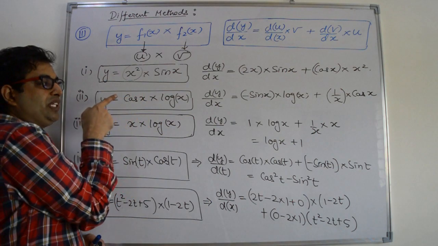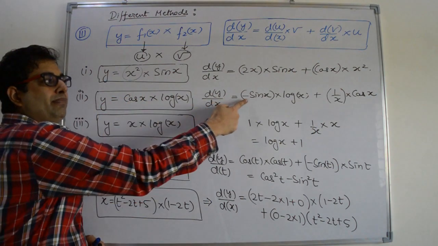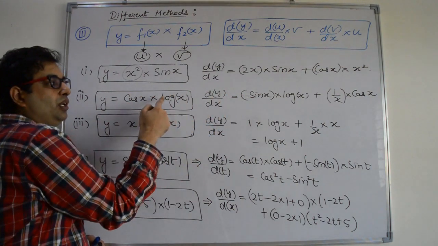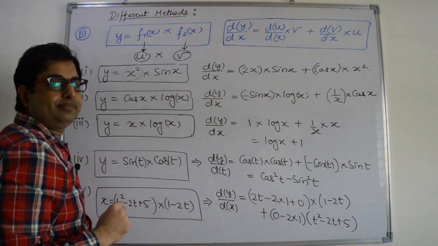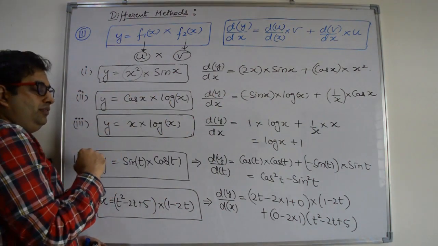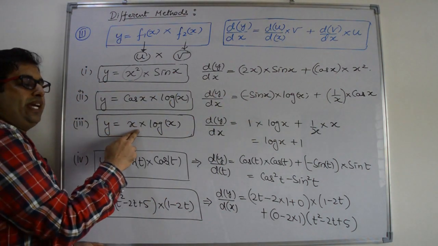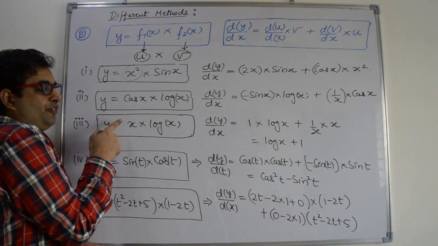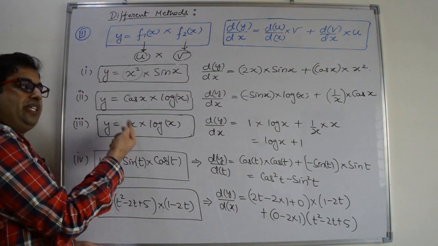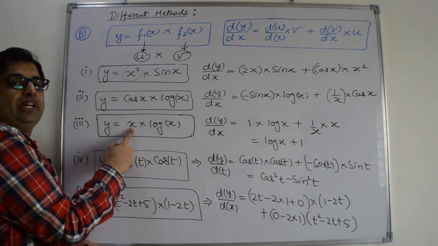Second example, cos x into log x. So first differentiate cos x: minus sin x, starting from c, minus sin x. Log x will remain in multiplication. Then differentiate log x. Next example is y equal to x log x. First you will differentiate x. Differentiation of x with respect to x will be 1.